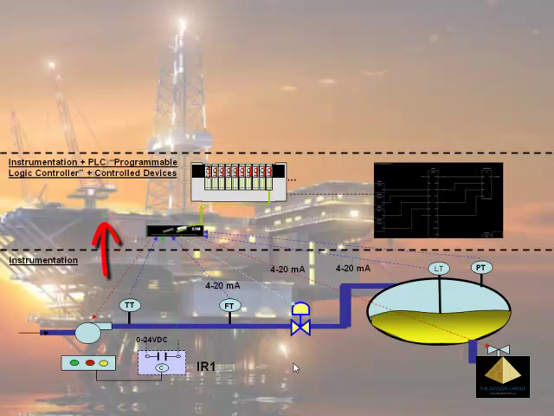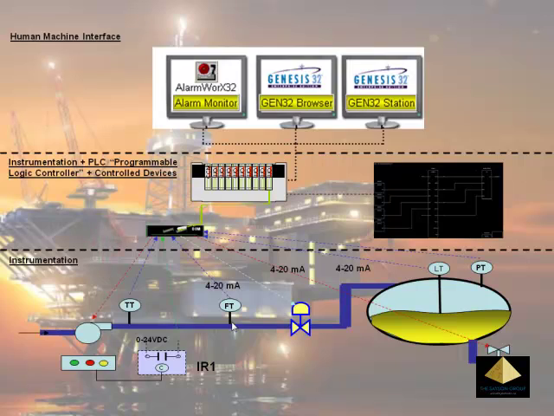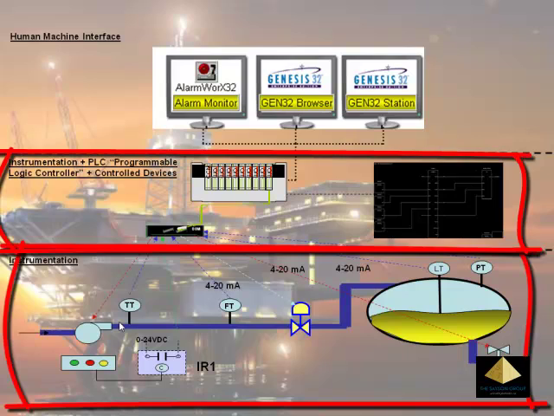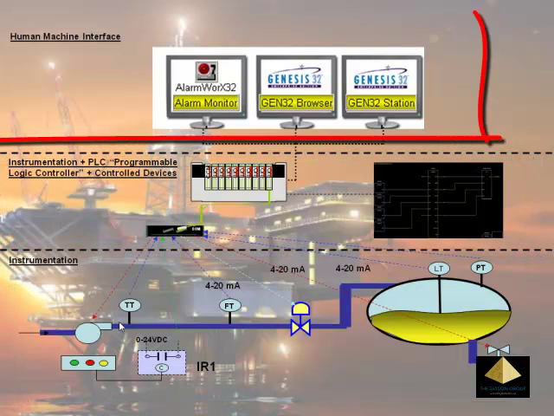And the PLC layer will be connected to the higher layer, which is actually the human machine interface layer. This completes the instrumentation and control system. The first layer, the instrumentation layer, the second layer, the PLC layer, and the third layer, the human machine interface.